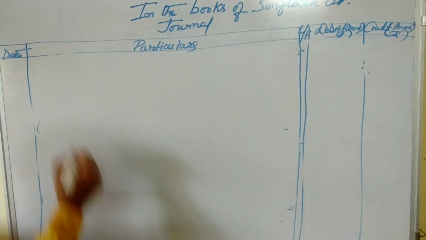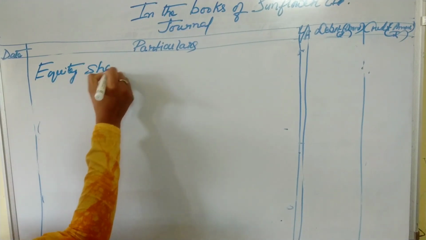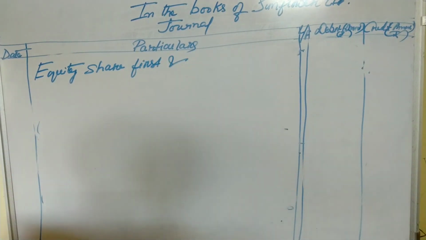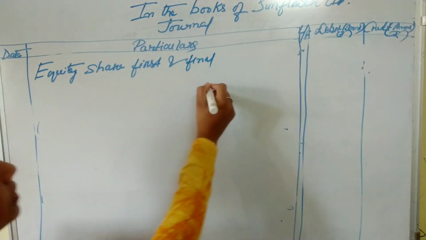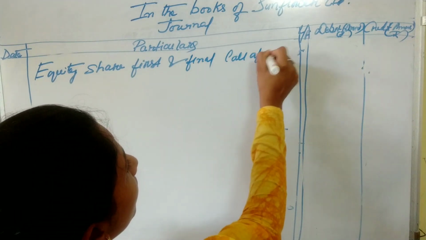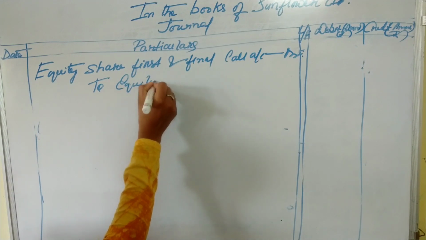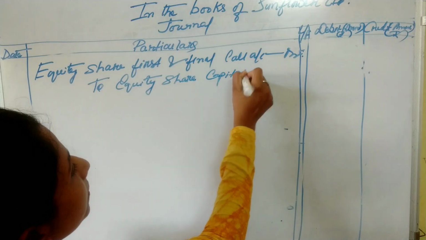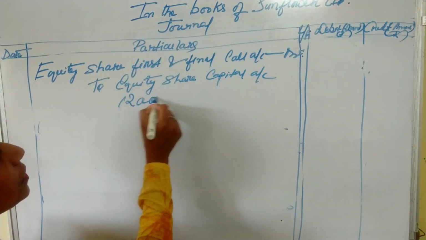Equity share first and final call account debit, because it is the last installment money, so we will write first and final call. Equity share first and final call account debit to equity share capital account. So what is the numbers of shares?